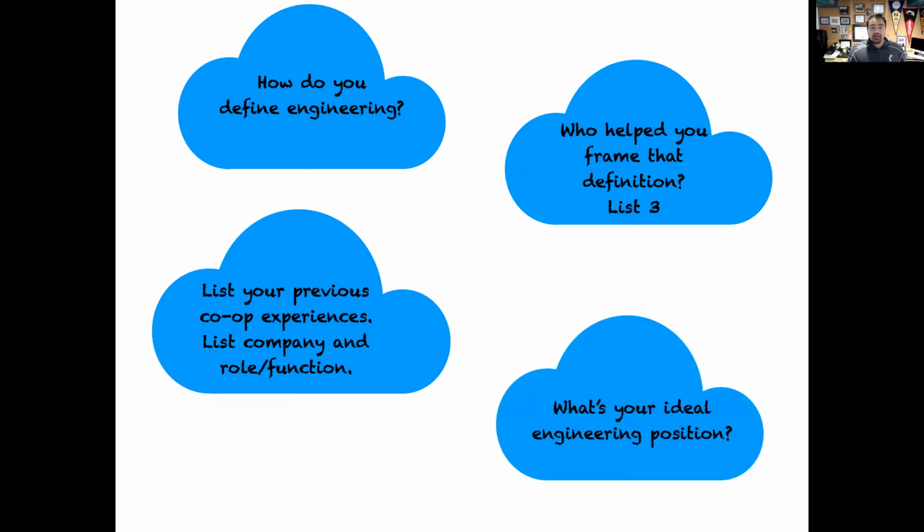When you put on your adult uniform, whether it be khakis and a shirt or an actual uniform, what would be the ideal engineering position? Is it someone that's behind a desk? Someone that's on the floor? Someone that's interacting with a bunch of people? Someone that's working remotely? What is that ideal definition?